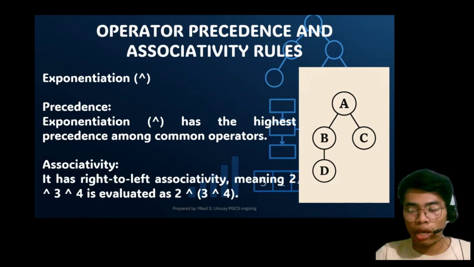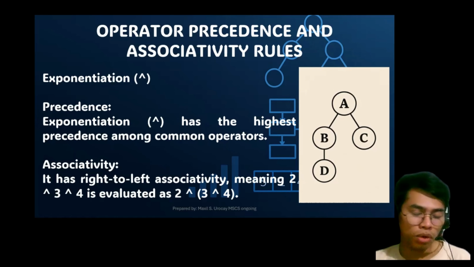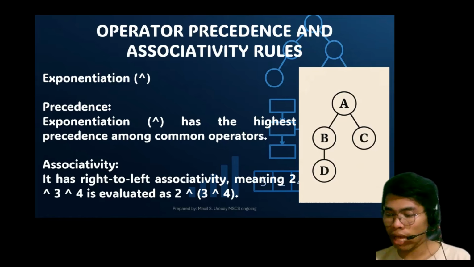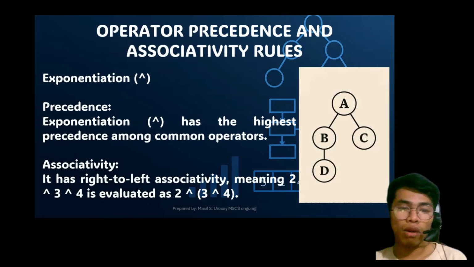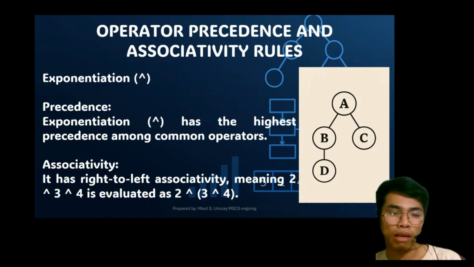If we're dealing with exponents, since that is the highest precedence among the common operators, it will be evaluated with right to left associativity. Meaning 2 to the power of 3 to the power of 4, if you calculate it manually, would be like this.